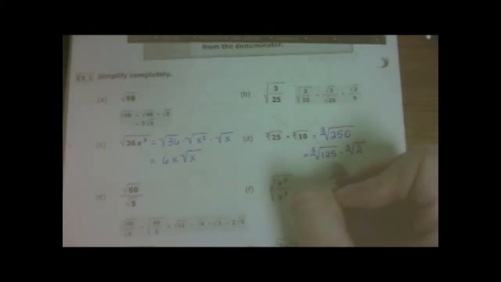So I'm going to use my product rule in reverse, and I'm going to write this as the cube root of 125 times the cube root of 2. I can simplify the cube root of 125. The cube root of 125 is 5. So this equals 5 times the cube root of 2.